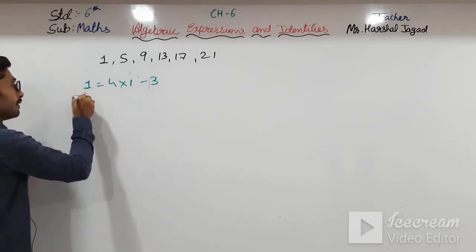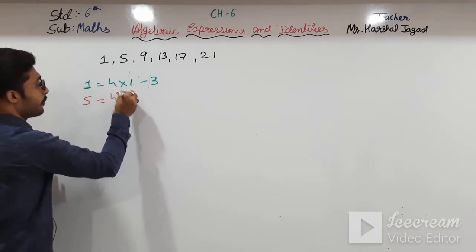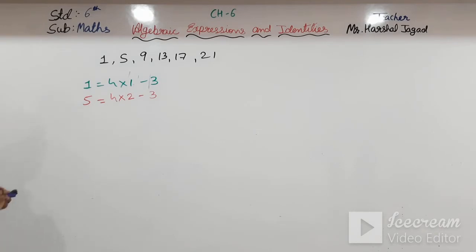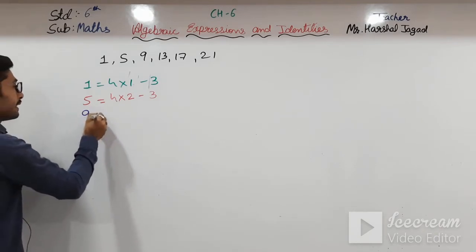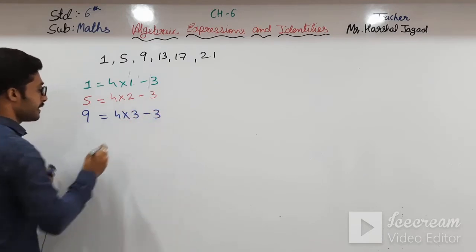The next is 5, that is 4 into 2 minus 3, and the next is 9, that is 4 into 3 minus 3.